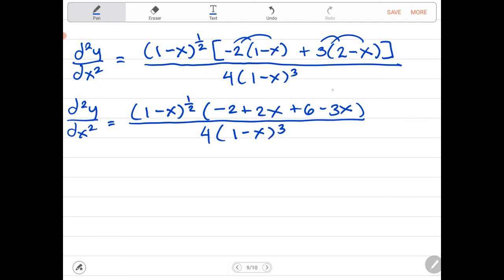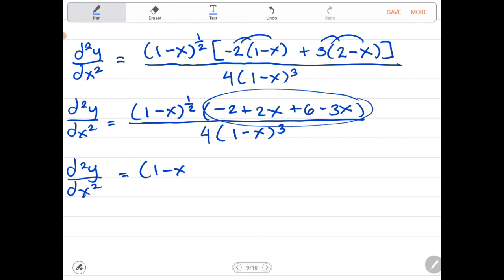Simplify the equation inside the parenthesis. So the second derivative of y with respect to x is equal to 1 minus x raised to 1/2 times, that is negative x plus 4, all over 4 times 1 minus x cubed.